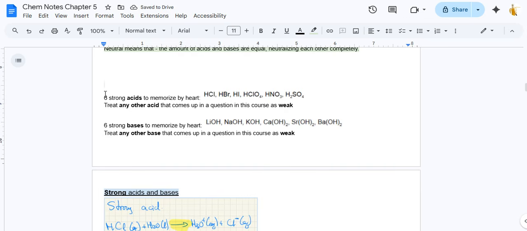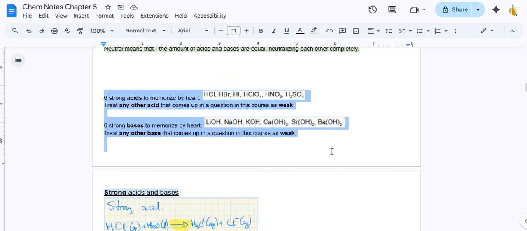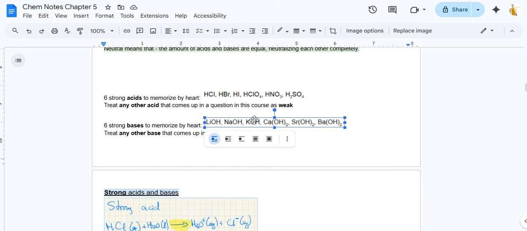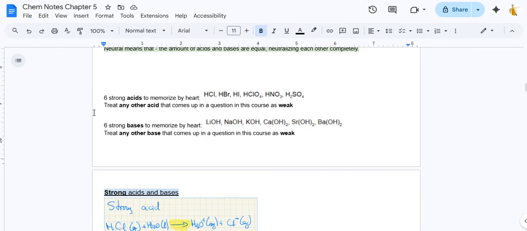In lecture, he told us to memorize these 6 strong acids by heart and these 6 strong bases by heart. And any other acid that shows up in questions that isn't here will be weak, or we can consider them as weak.